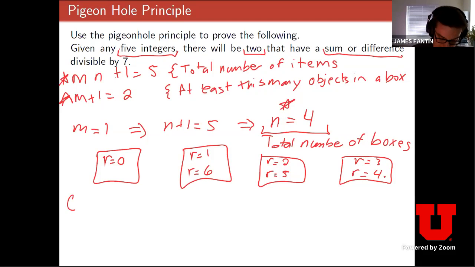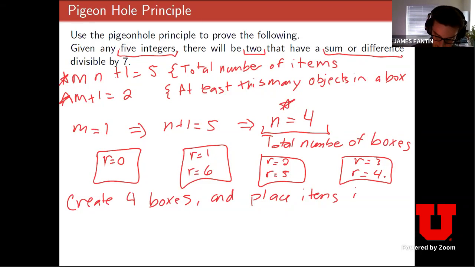So first we can say that we're going to create 4 boxes, and place items in boxes just based on the remainder when we divide by 7.